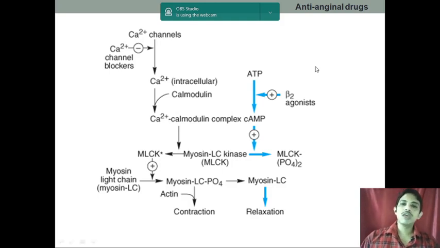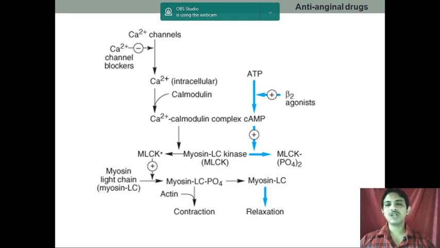So when we talk about a beta 2 agonist, not an antagonist, it promotes cyclic AMP, but the phosphate formation will not be there. Beta 2 agonists are responsible for the dilation of blood vessels, whereas beta 1 produces the contraction. These things may be helpful, but again it is not the primary drug we use in this disease condition. We mainly use it as an adjuvant.